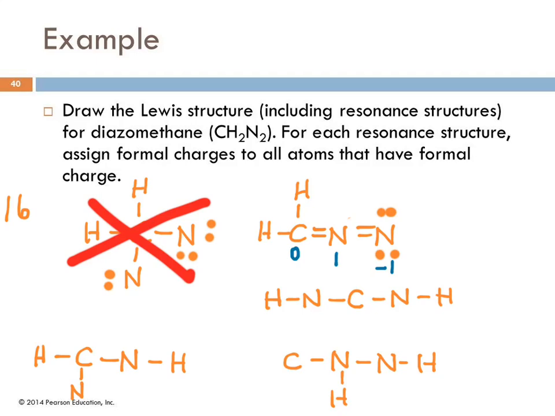So down here, 2, 4, 6, 8, 10, 12, 14, 16. Well, we could take this lone pair and move it. That's not what I meant to do. I meant to do that. The carbon's happy.